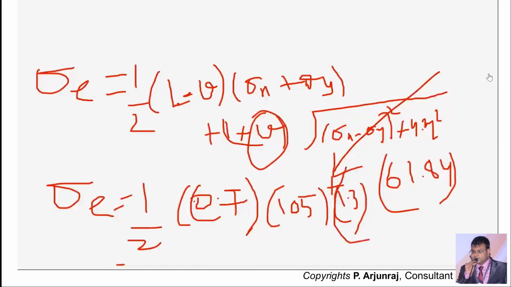Okay, so which means 61.84 into 1.3 will give us 80.39.